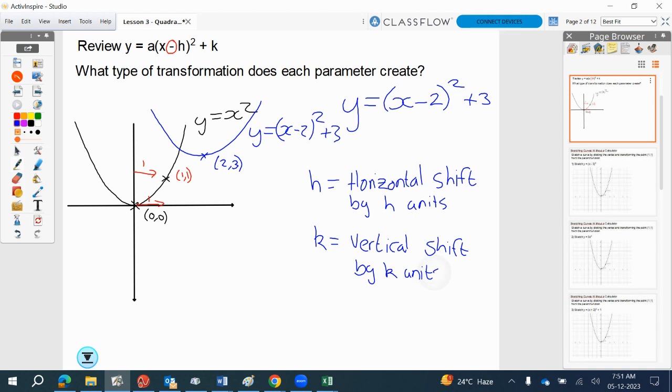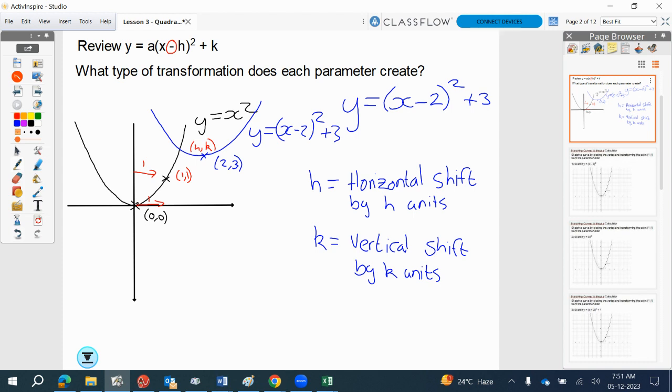If k is positive, we go up. If k is negative, we go down. So the coordinates of the vertex are always going to be h, k. This is the most important part. The coordinates of this vertex are h, comma, k.